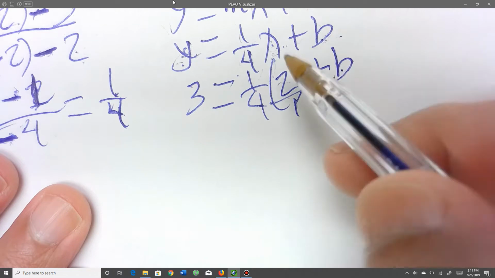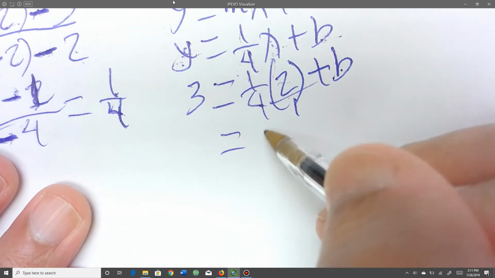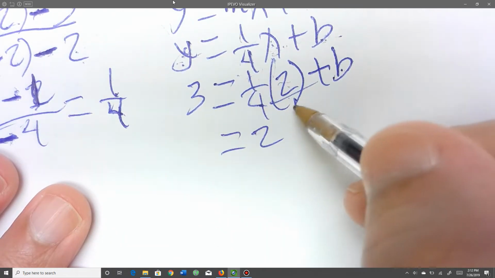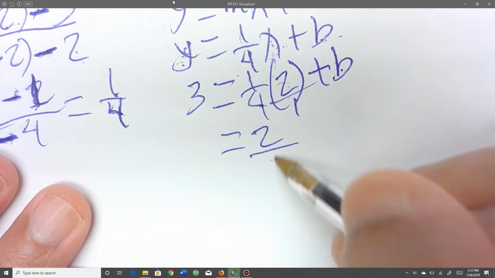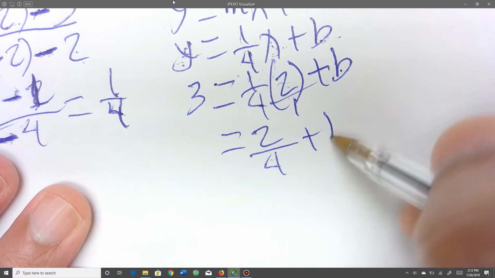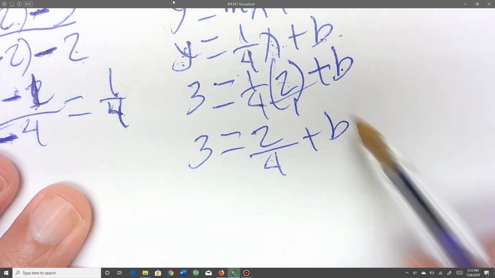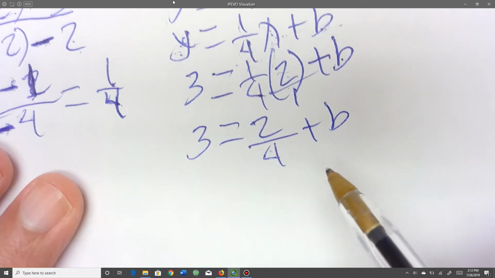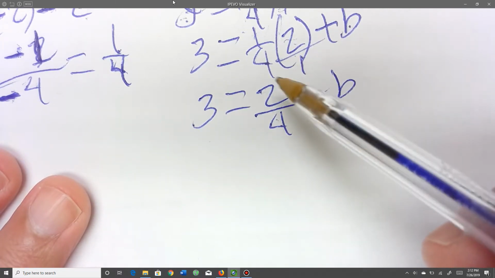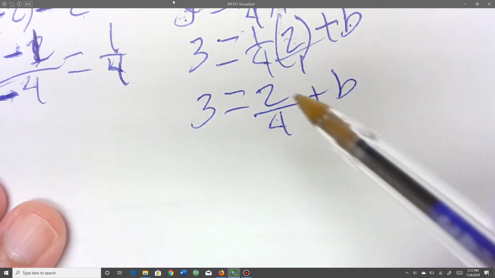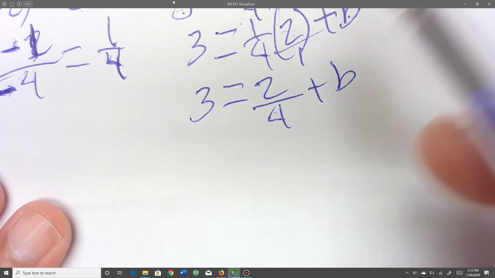Multiply your numerators first, and that's 2 times 1 is 2, and your denominators next, 4 times 1 is 4. Plus b. Just rewrite everything else so you can see where you are. Don't skip steps. Not at this point. Maybe later on, maybe skip steps, but not now.